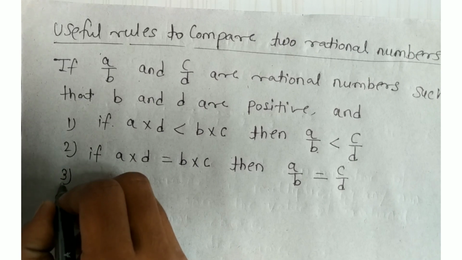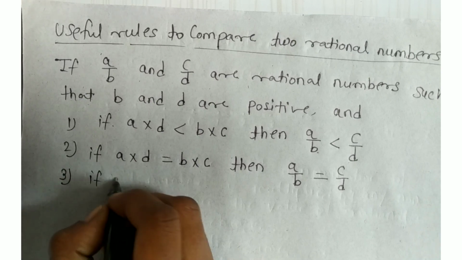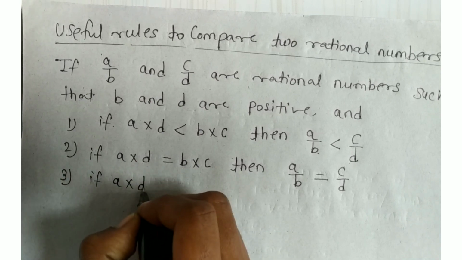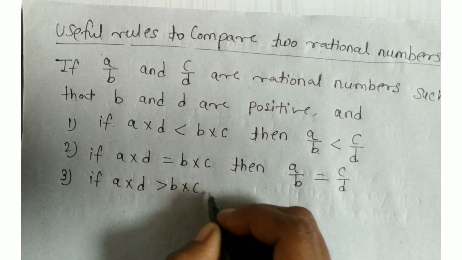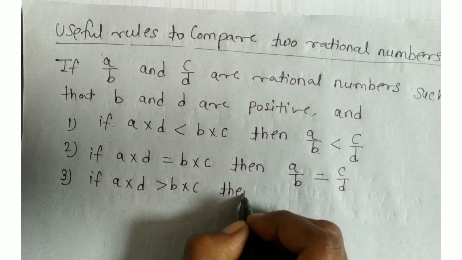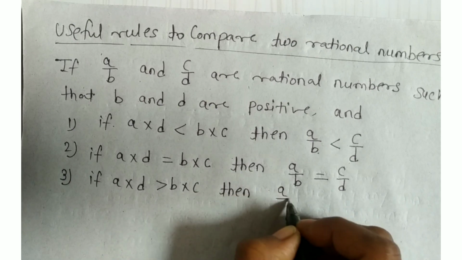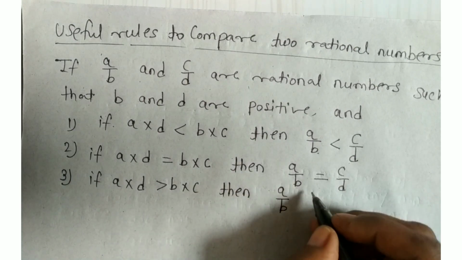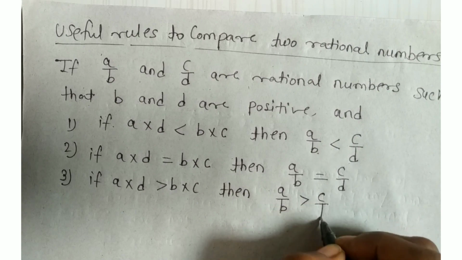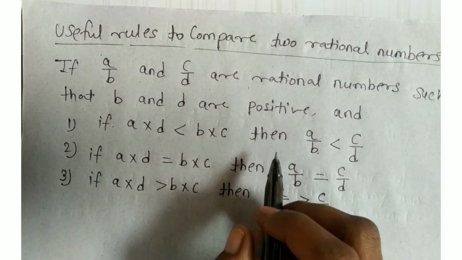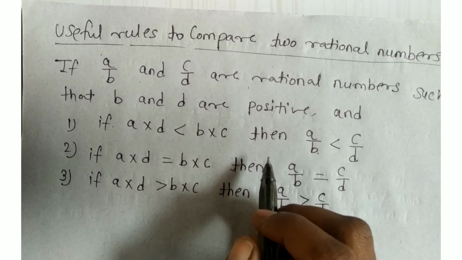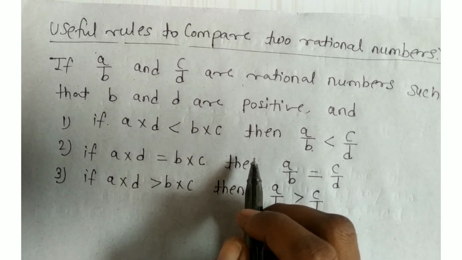Now the third one, if a into d is greater than b into c, then a upon b will be greater than c upon d. These are some useful rules to compare two rational numbers.